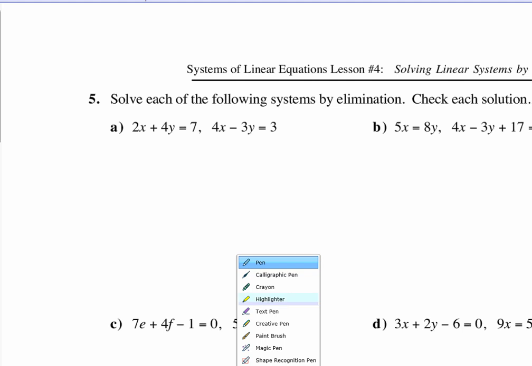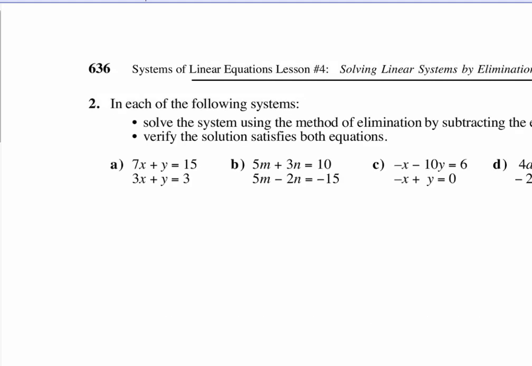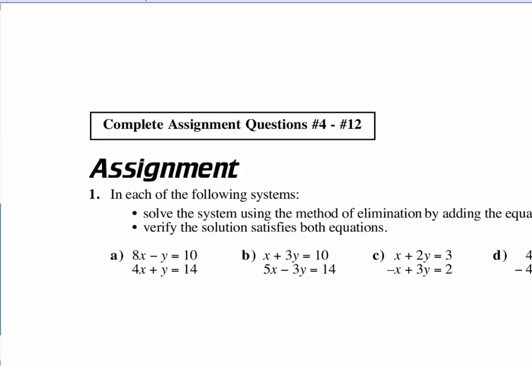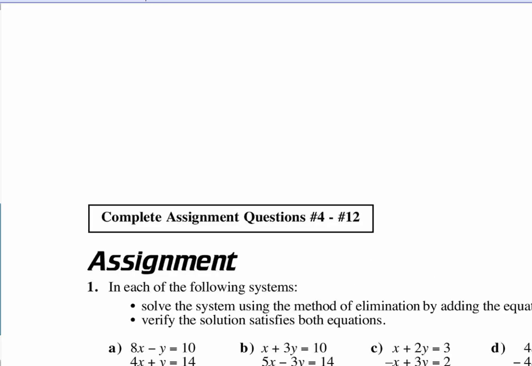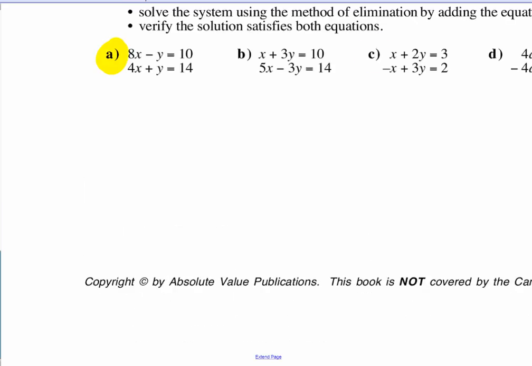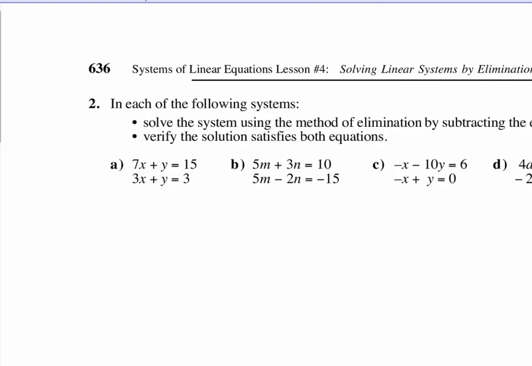So your assignment is circle the following. Let's get a highlighter. 1 A and C, and 2 A and C. These ones are nice because they're already ready to go. Again, these ones are pretty much ready to go.